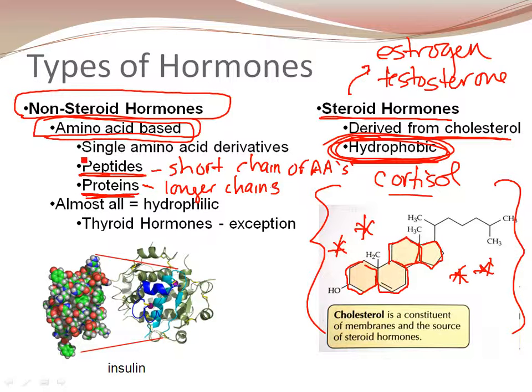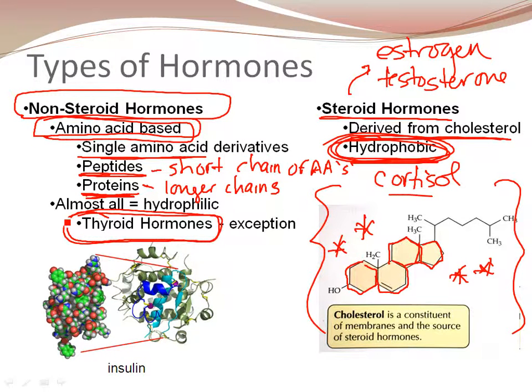Now, some of them may just be derived from a single little amino acid, and it gets modified in some way to make a hormone. A good example of that are your thyroid hormones. They're not peptides, they're not proteins, they're derived from single amino acids.